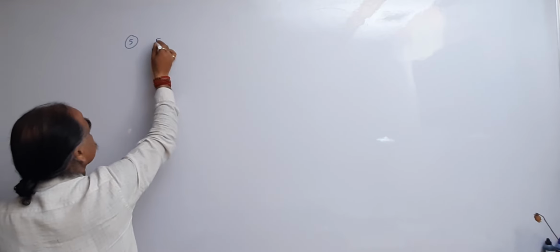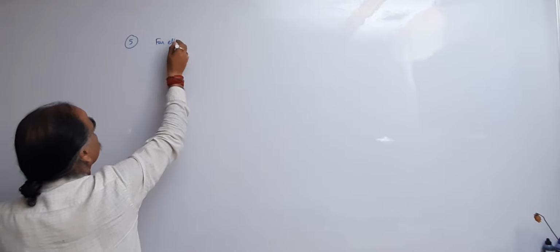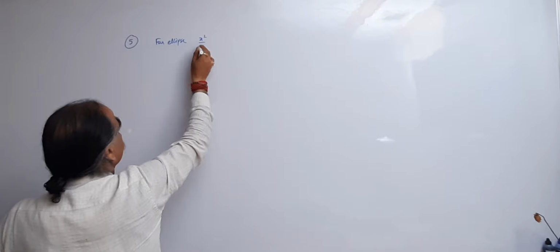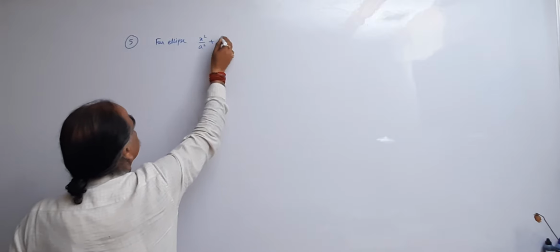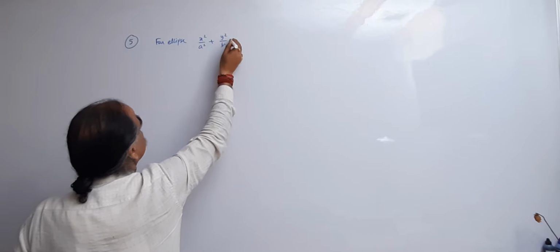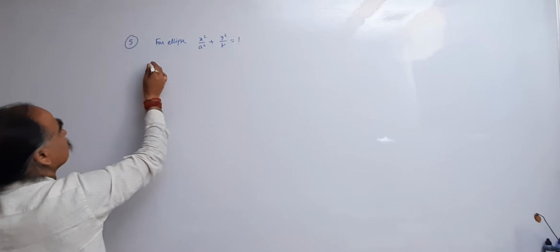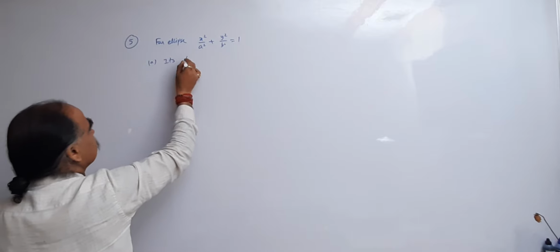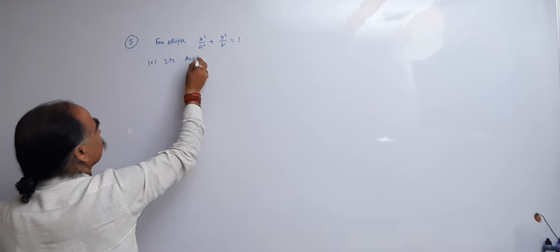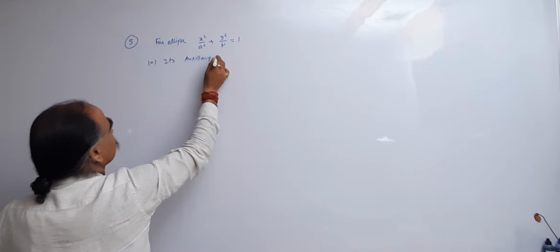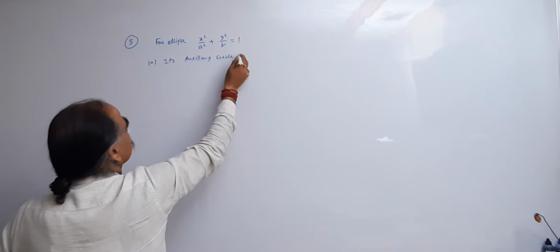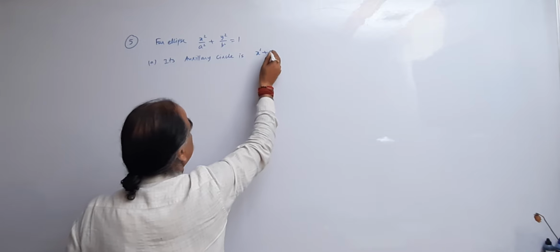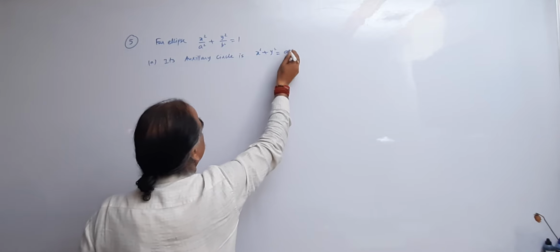For the ellipse x square upon a square plus y square upon b square is equal to 1, its auxiliary circle is x square plus y square is equal to a square.